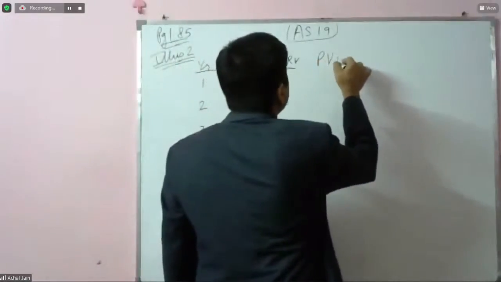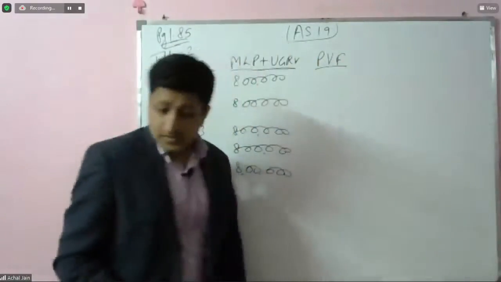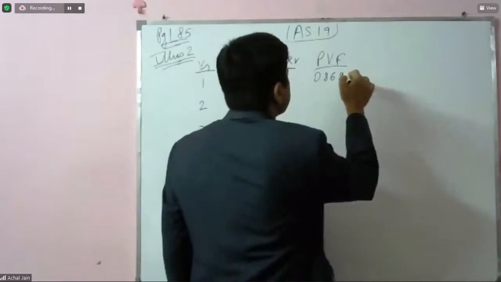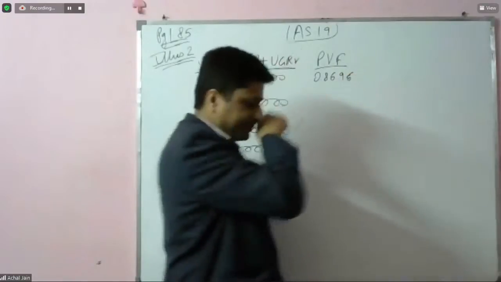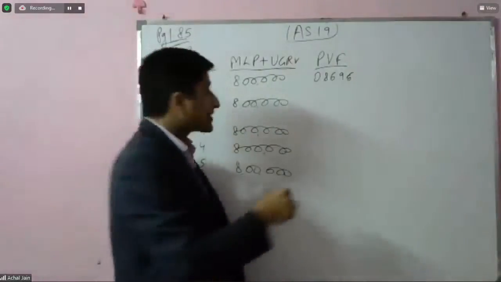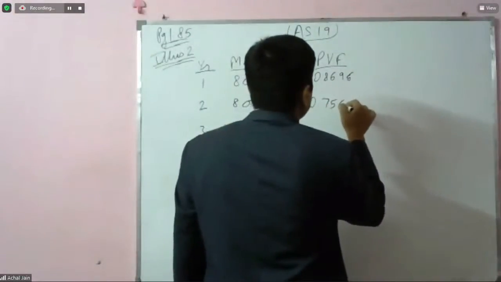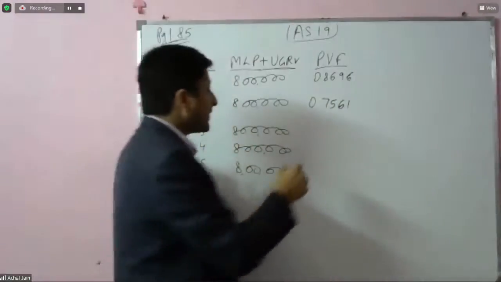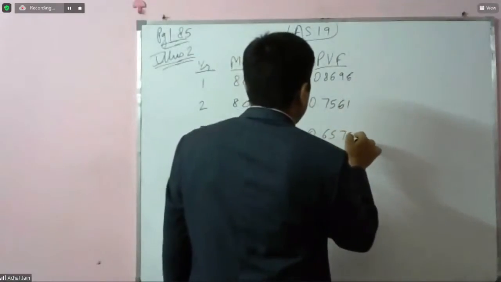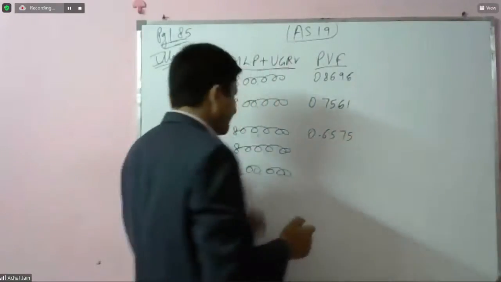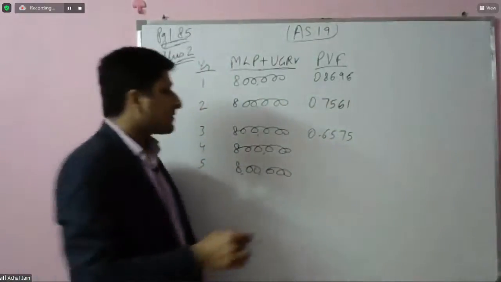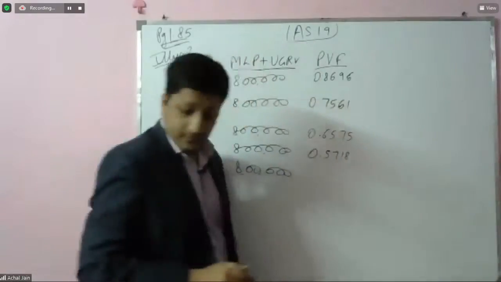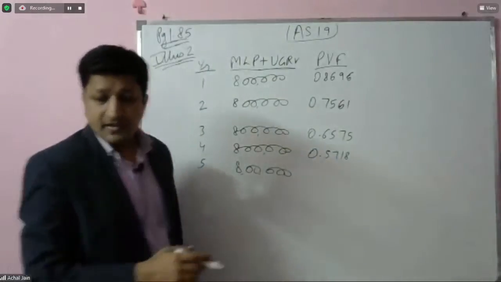So we have got a PV factor for the 5 years: 0.8696, 0.7561, 0.6575, 0.5718, and 0.4970.